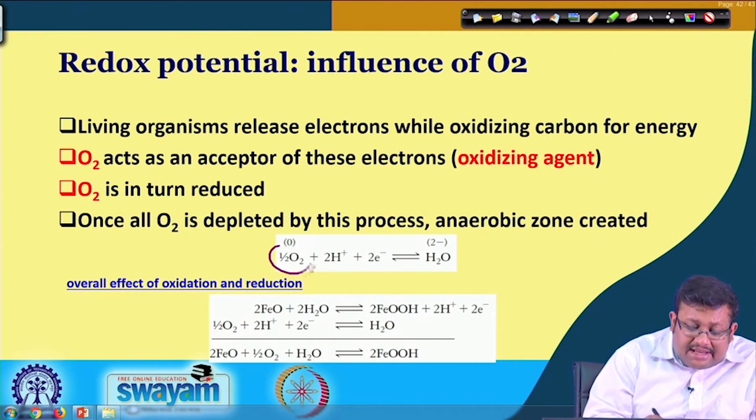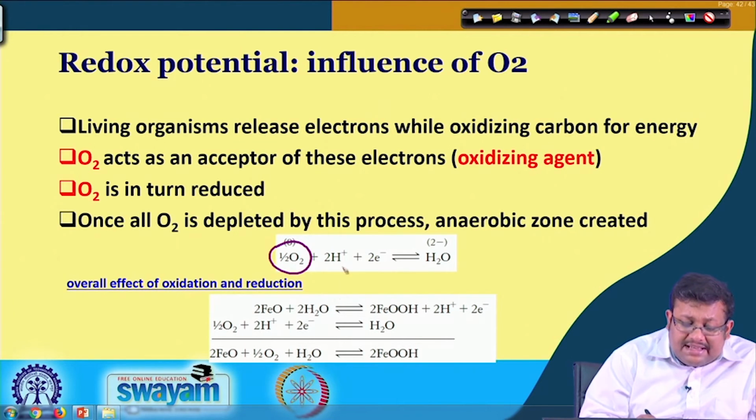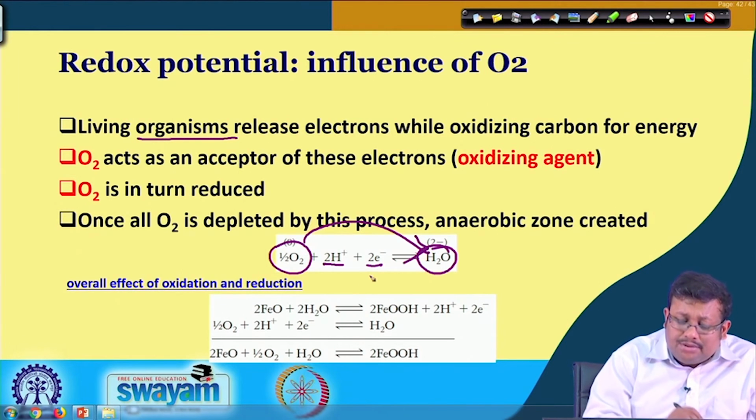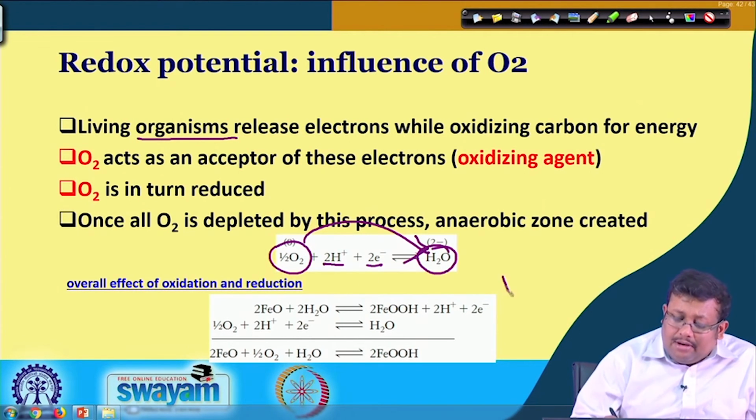So, this oxygen acts as an oxidizing agent, accepting electrons which are released by this living organism by oxidizing carbon for energy, ultimately producing water. So, oxygen basically is reduced to water, while FeO is oxidized to FeOOH.